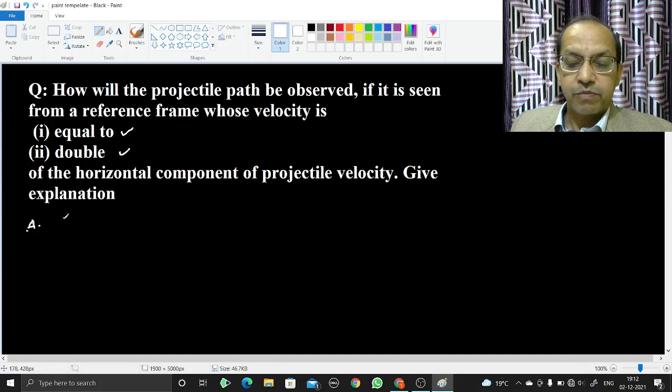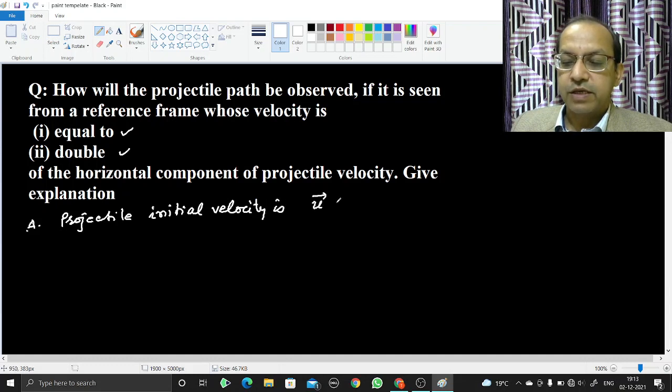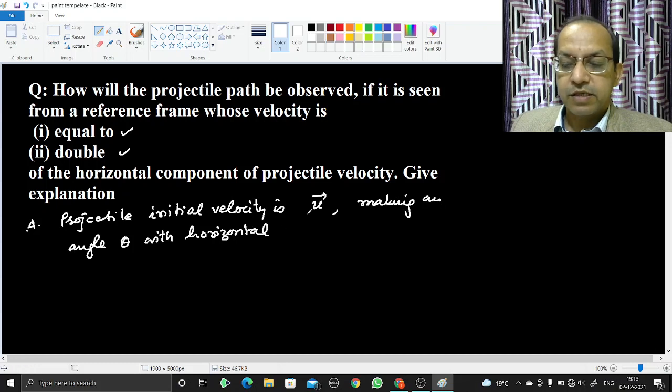So the projectile's initial velocity is considered as u. It is making an angle theta with the horizontal.